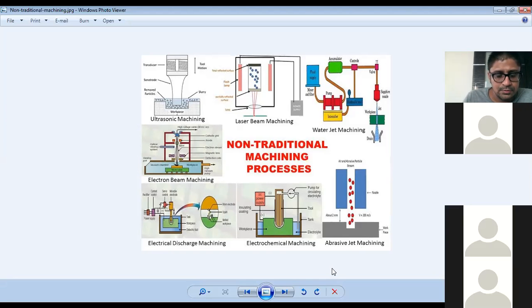So surface finish, right? Then second would be MRR, and third would be the dimensional tolerance as well as accuracy. So the third aspect, the dimensional accuracy and tolerance, is very much important in micro and nano manufacturing.